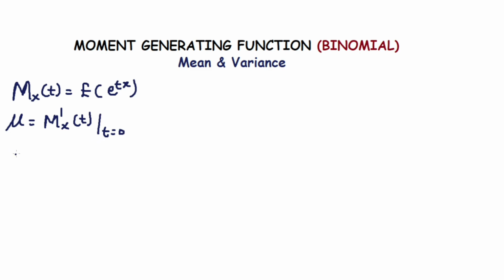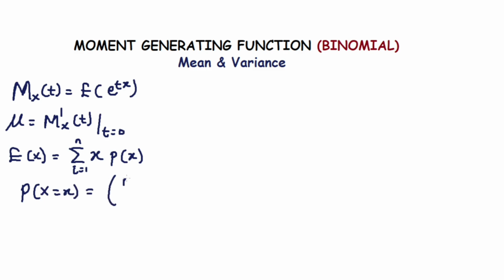Remember that the expectation of X for any discrete random variable is the summation of x times the PDF. In this case, the PDF, or the p of x, of a binomial distribution is n combination x, p raised to the power of x, q raised to the power of n minus x.